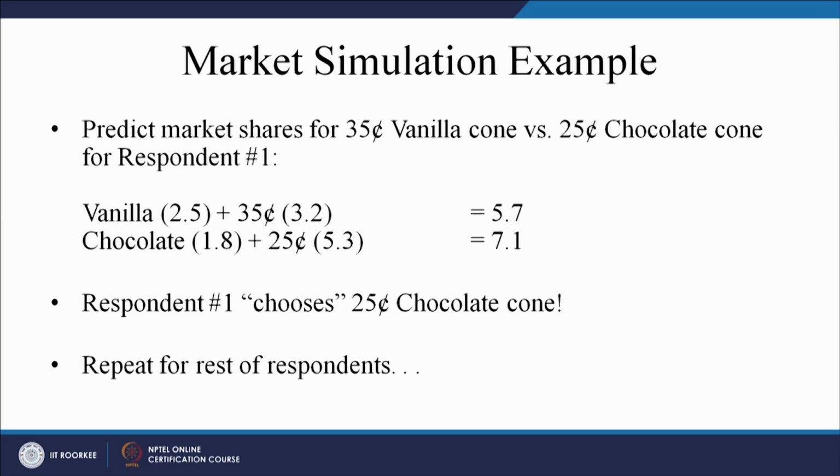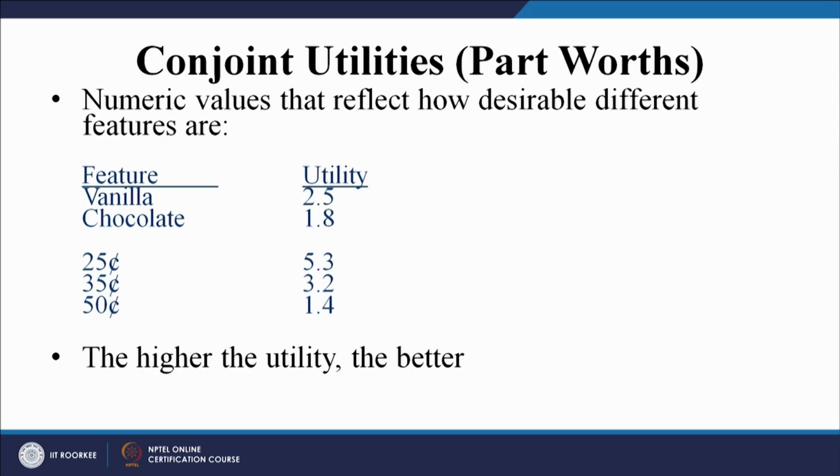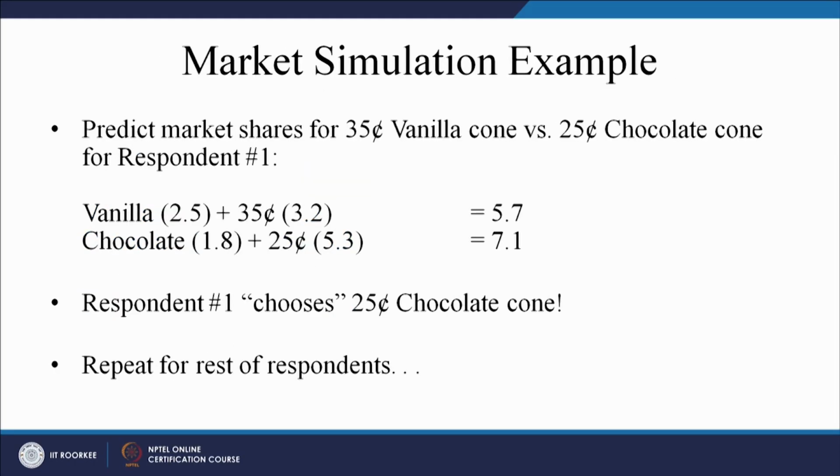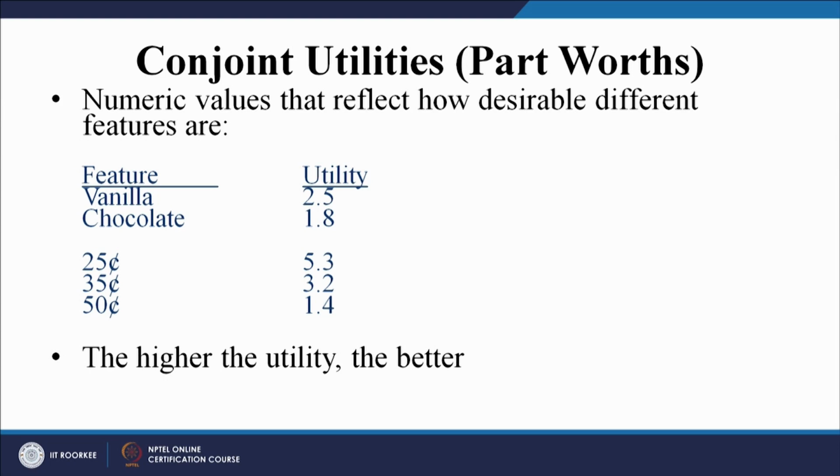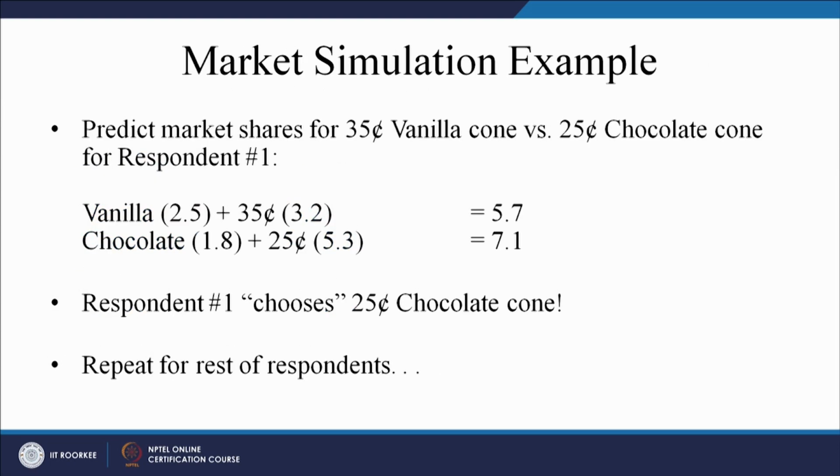This is how conjoint analysis actually works, you can see. For the vanilla, let us go back, you had 2.5, chocolate is 1.8. So, 2.5 plus the 35 cents value of 3.2 is equal to 5.7. For the chocolate it is 1.8 from the chocolate part, and from the 25 cents, that is from the price function, it is 5.3.